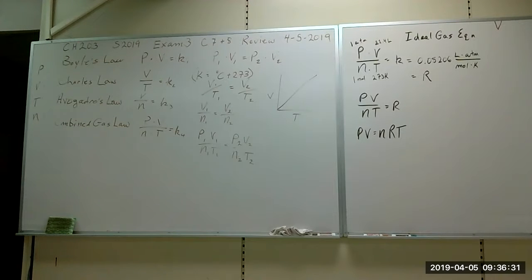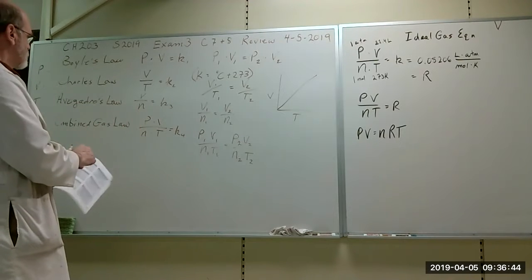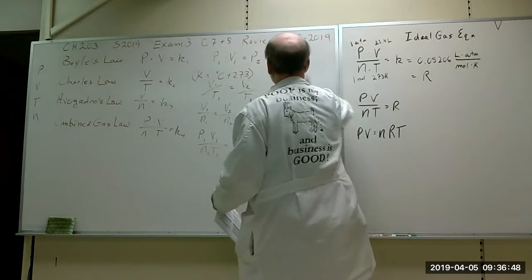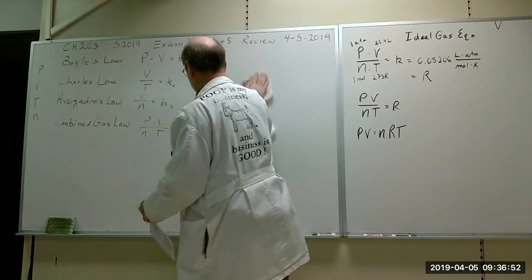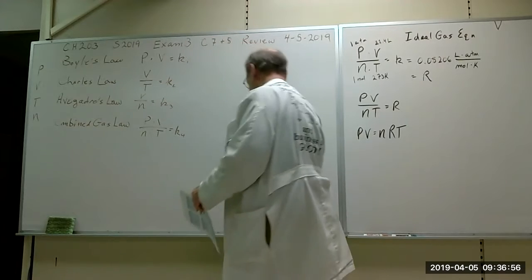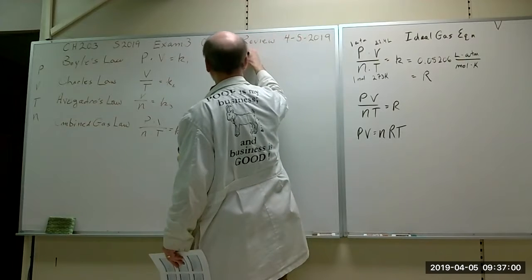So first of all, we need to define the kinetic molecular theory. It's got some postulates. I'm going to have to erase some of this. We'll just keep the basic law structure here, and then we'll try to explain each one with the kinetic molecular theory.